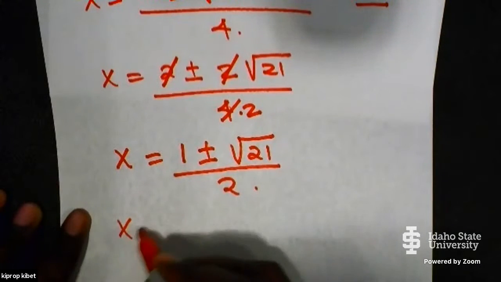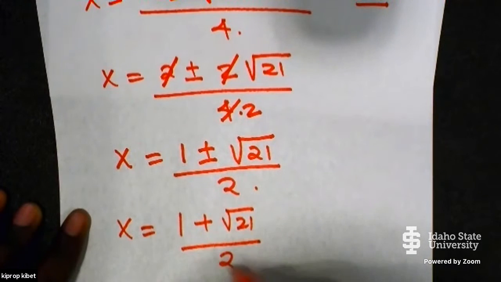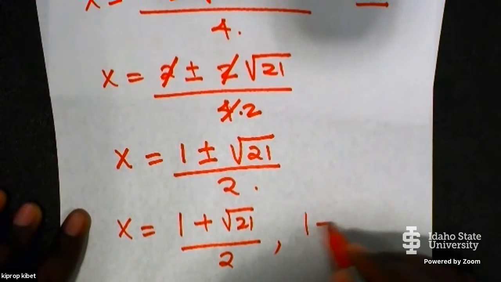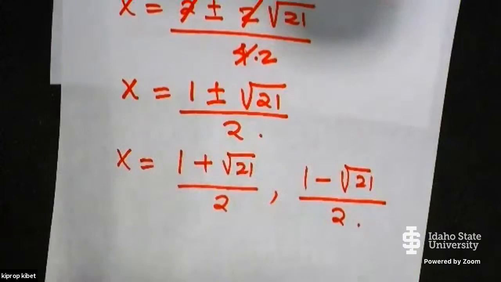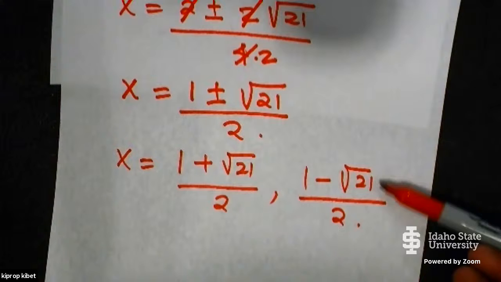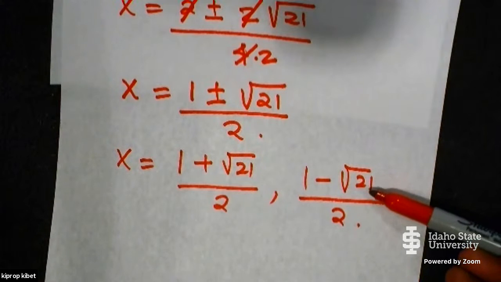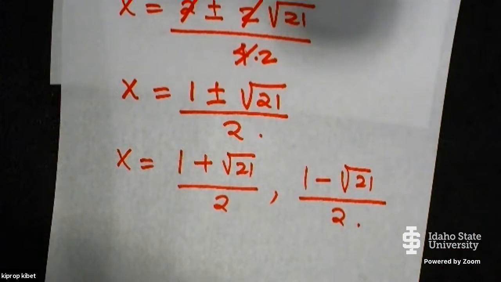So x equals 1 plus the root of 21 all over 2, comma, 1 minus the root of 21 all over 2. That is our answer. You can simplify using your calculator by getting the square root of this, and then you can round it off to the nearest tenth.